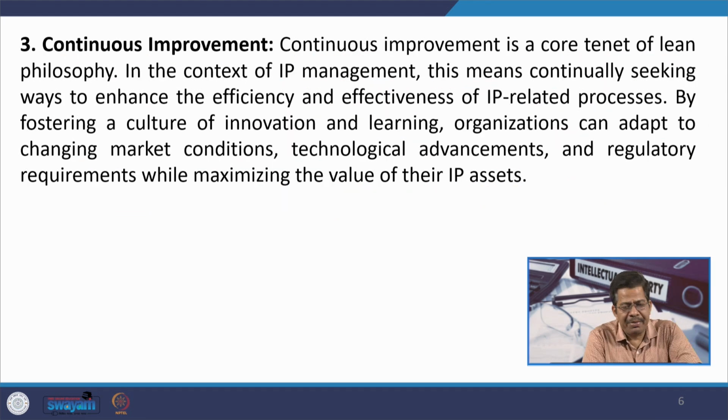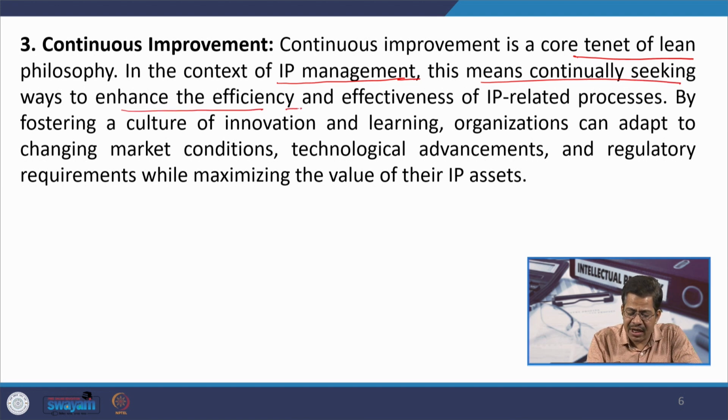Another very important principle of lean is continuous improvement. Continuous improvement in the Japanese way is also known as Kaizen. So, continuous improvement, Kaizen, is a core activity of our lean philosophy, and in the context of IP management, this means continually seeking to enhance the efficiency and effectiveness of our IP related processes.